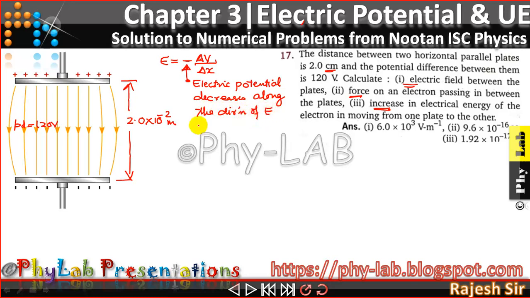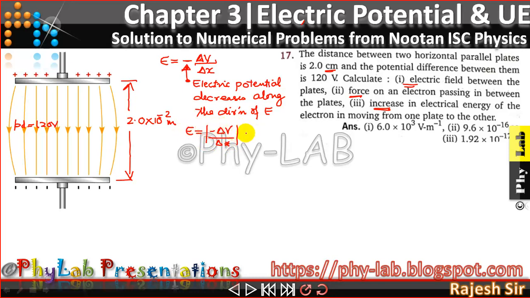Friends, if I have to relate the magnitude part of electric field with potential difference, then I can say very easily E is equal to modulus of minus delta V by delta X. Is that clear, friends?